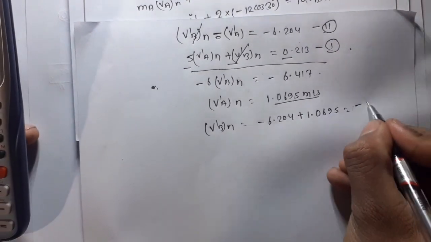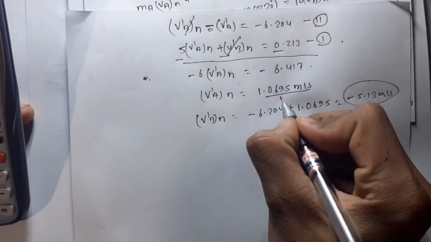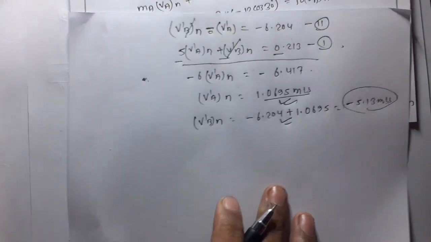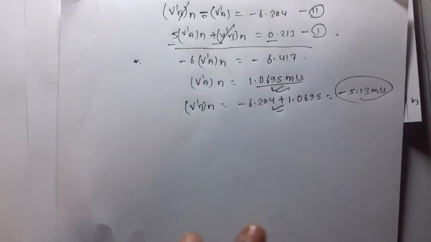So this is minus 5.13 meters per second. So these are the normal components of the final velocities of A and B.